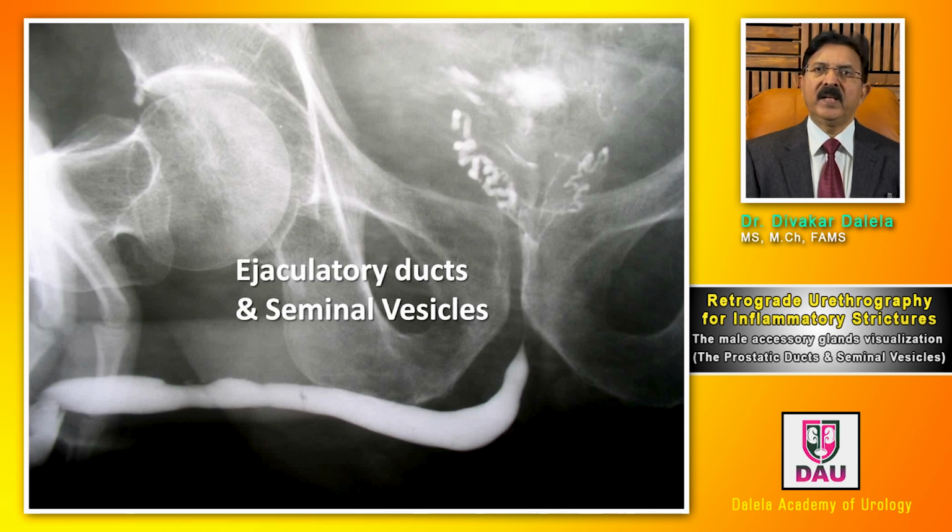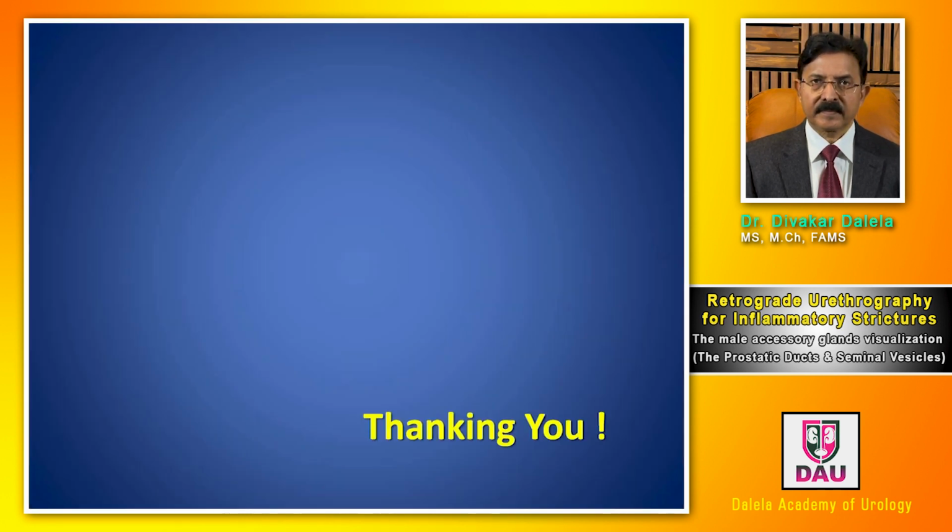Now these ejaculatory ducts again get subjected to reflux because of high pressure of urine in the prostatic urethra. Every time the patient voids, some urine refluxes into the ejaculatory duct and seminal vesicle, and then they develop chronic seminal vesiculitis and they get dilated also in some patients. So that's how seminal vesicles look when dilated.